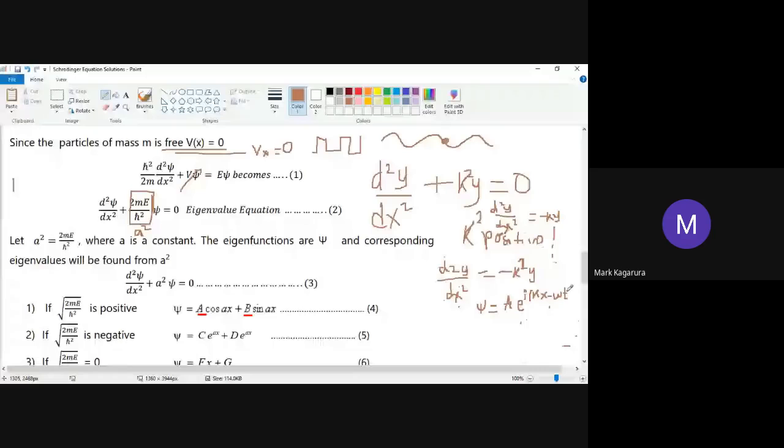So if we differentiate it twice and end up with a negative j, I mean j squared, it will yield a negative something.